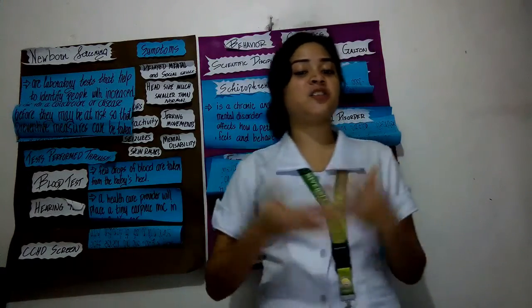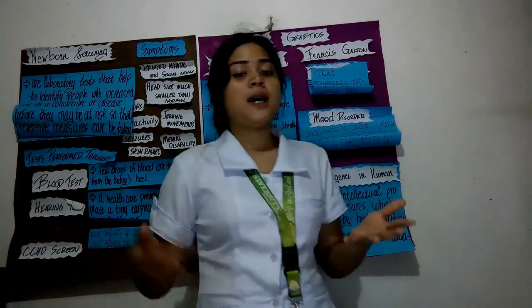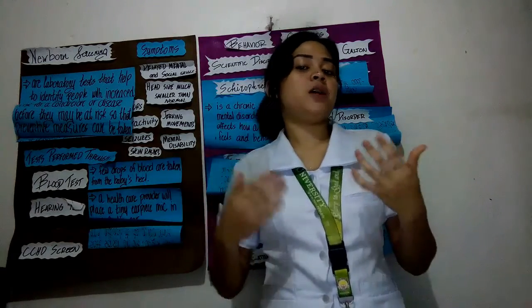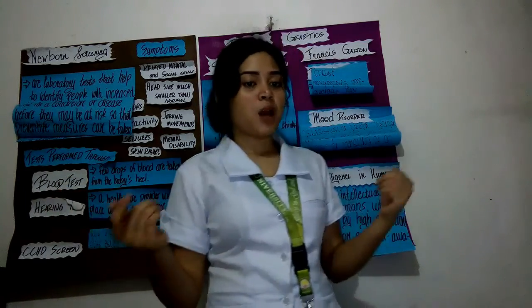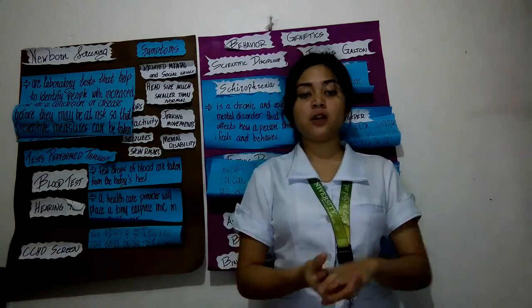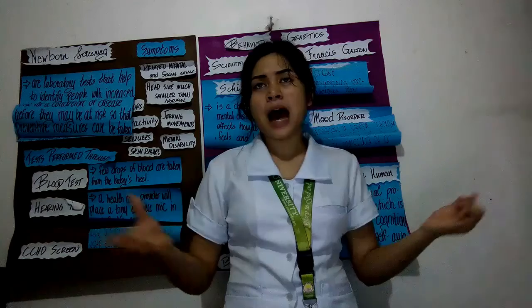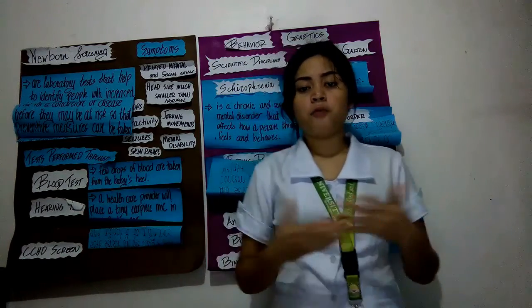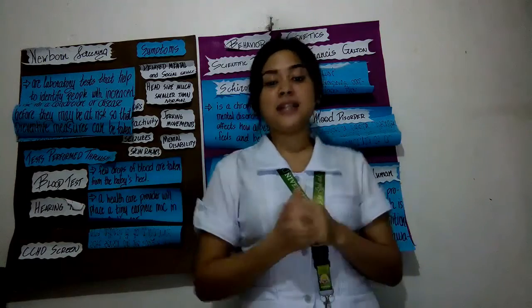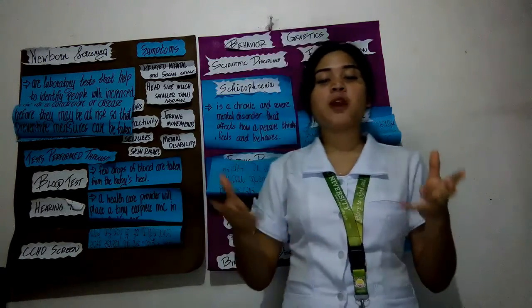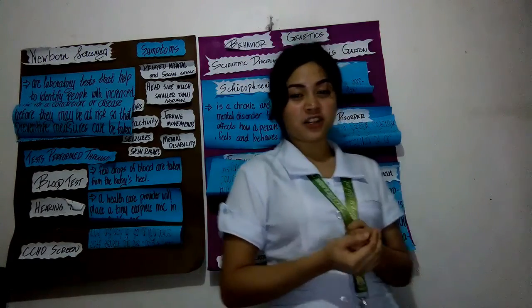Intelligence is challenging to study, in part because it can be defined and measured in different ways. Most definitions of intelligence include the ability to learn, to reason, plan, solve problems, think abstractly, and understand complex ideas. Many studies rely on a measure of intelligence called the intelligence quotient, which is the IQ.